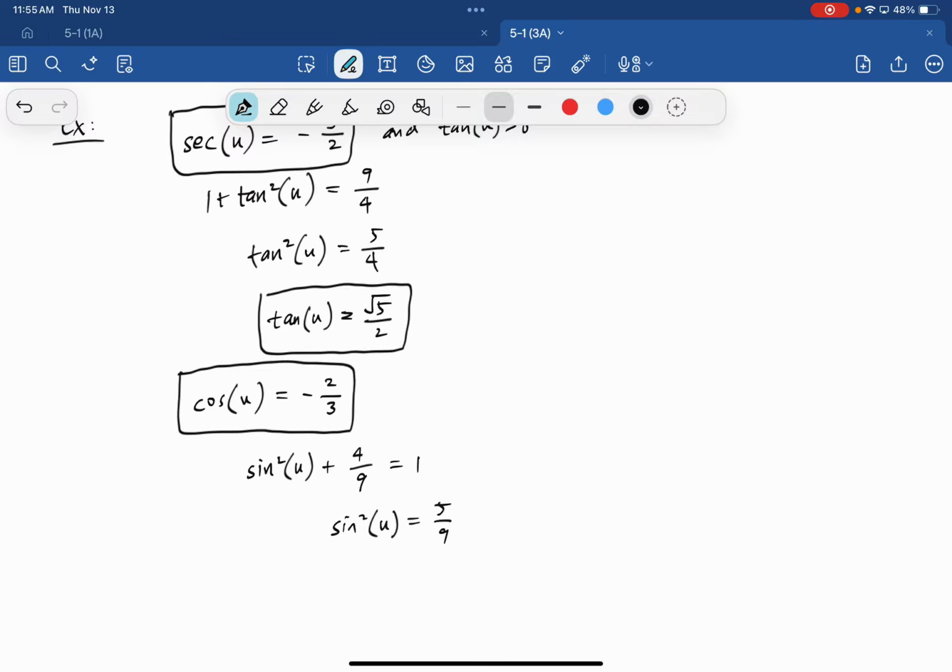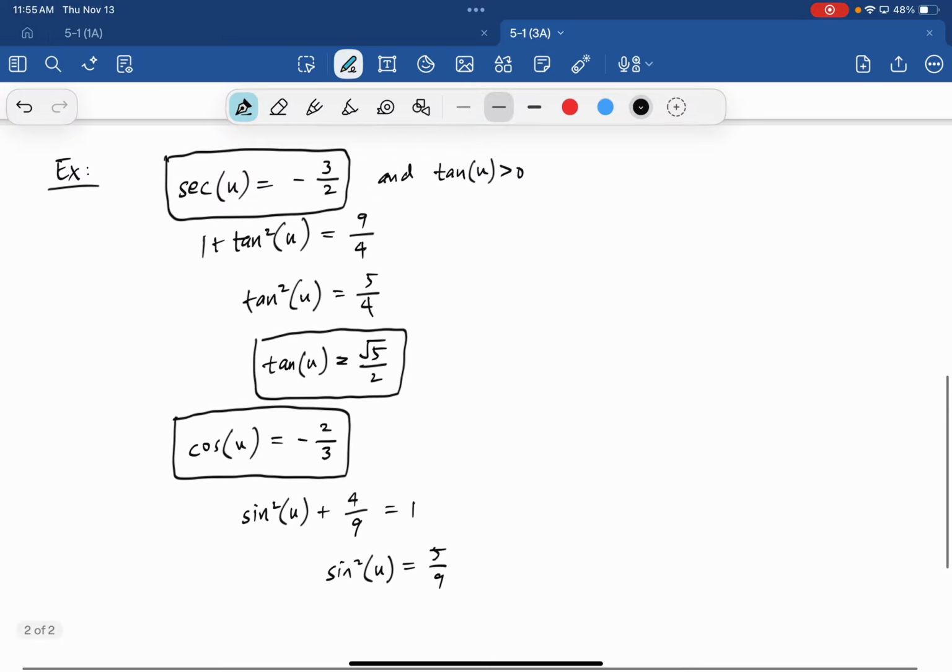Now, is sine positive or negative? Very good. It's negative. The reason why it's negative is because tangent is positive. Right? Tangent is equal to sine over cosine. So if tangent is positive and cosine is negative, that means sine also has to be positive, right?